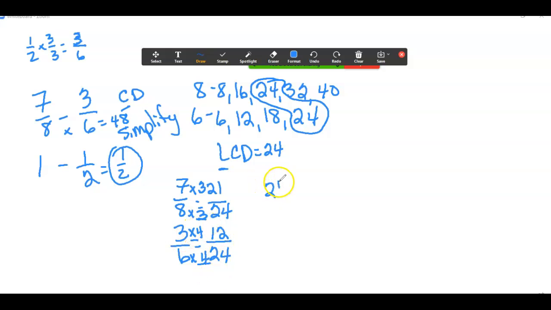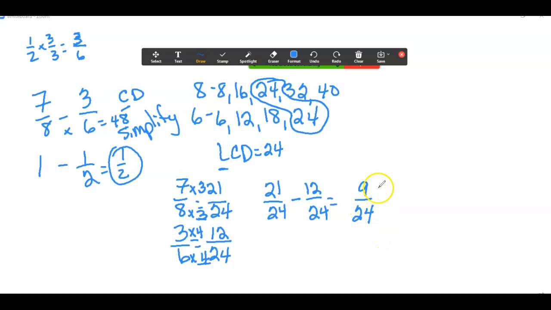So I want to do 21 24ths. My operation is subtracting, minus 12 24ths. Okay. What is 21 minus 12? That would be 9. So this is 9 24ths.